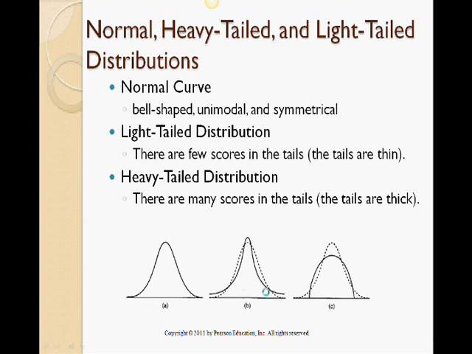So that's an example of comparing the light-tailed to the normal. And here is an example of a heavy-tailed distribution, where you have more scores in the tails than you do with a normal or a light-tailed distribution.